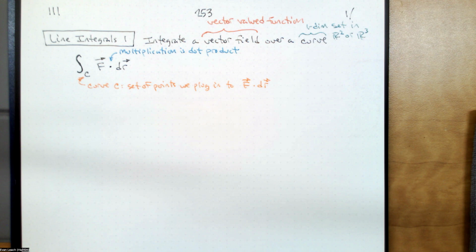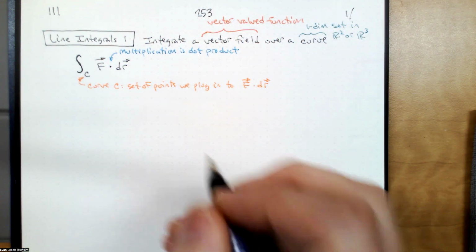One thing to note is that our multiplication is the dot product, and so this is going to produce a scalar. Eventually we're going to have to know what that scalar represents.